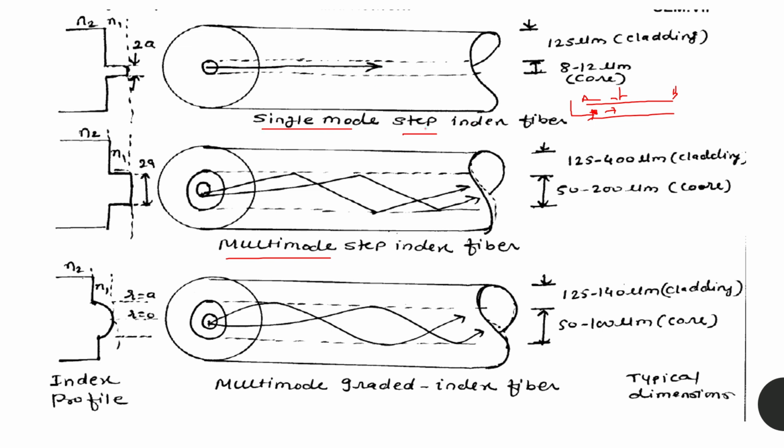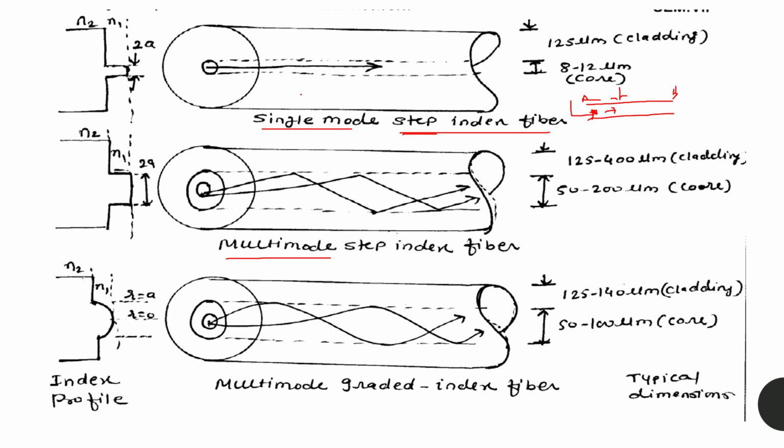So in single mode step index fiber, only one path is present. This means only one signal can pass at a time. And it is a step index fiber, which means that the refractive index will remain uniform throughout the fiber optic cable.